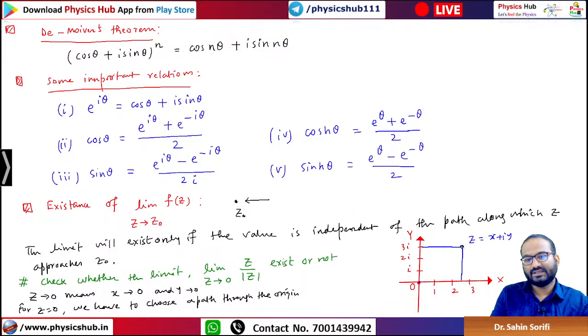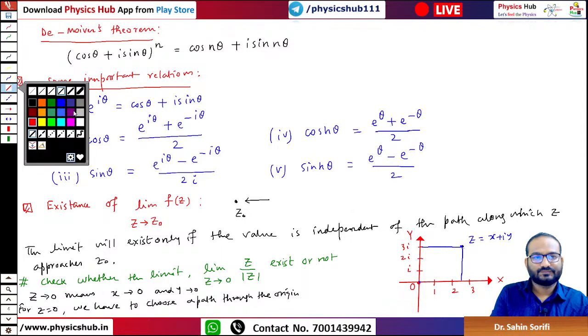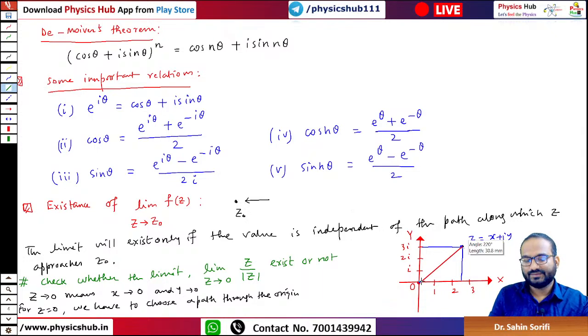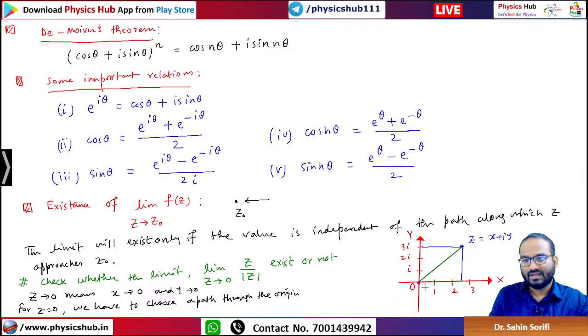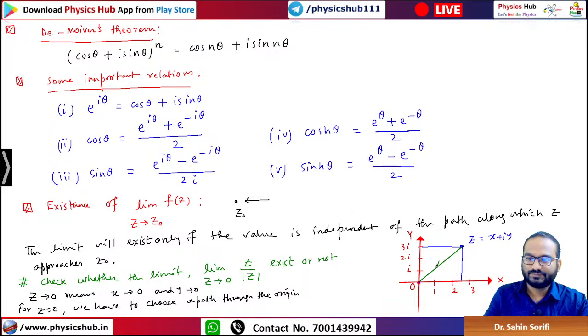This is the z value, any z, so z approaching towards 0. So we can take up, let's say this path. For the time being we are taking this path. Along this path you are going from z to z0.